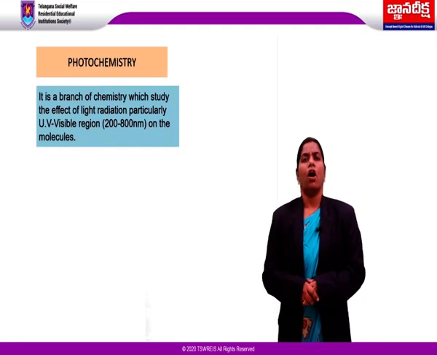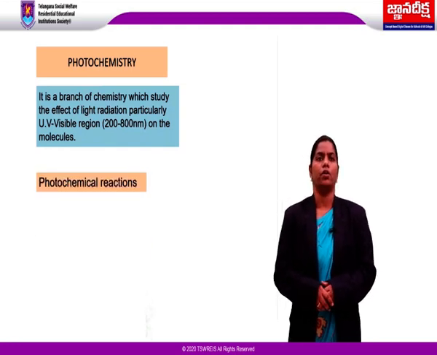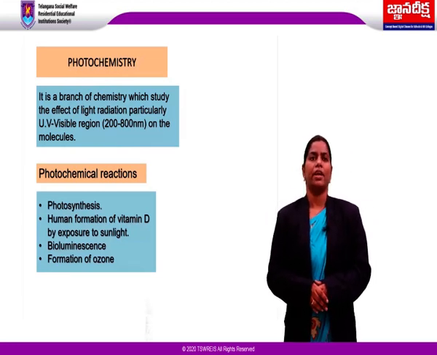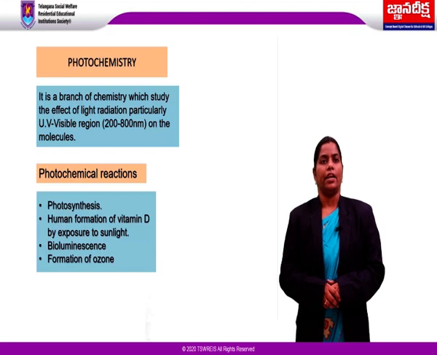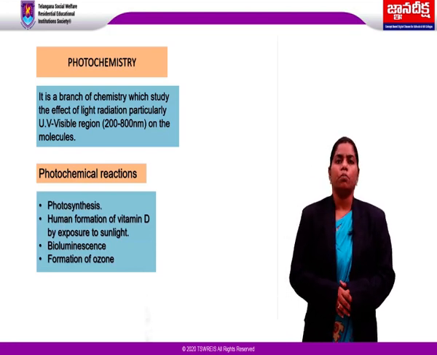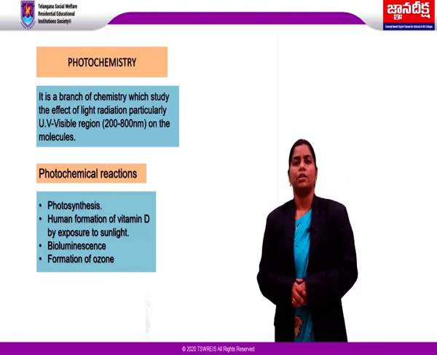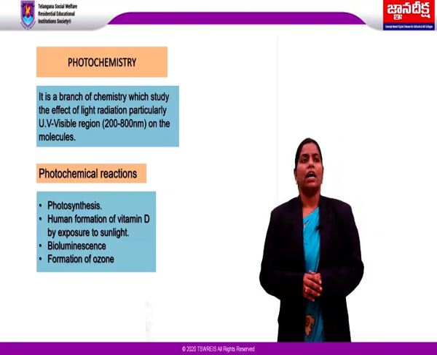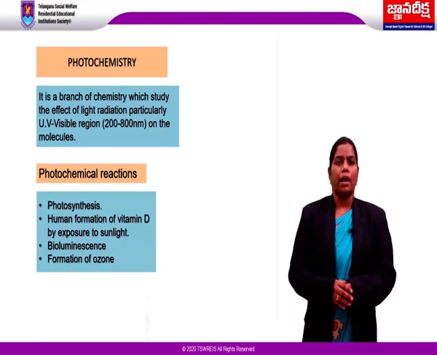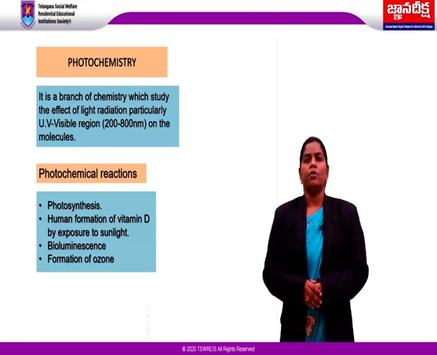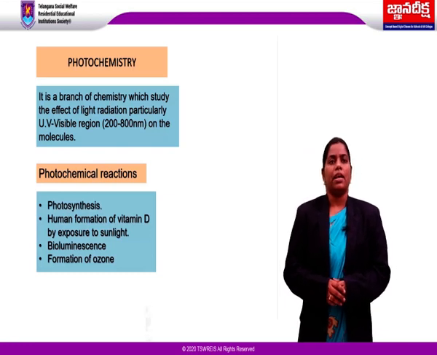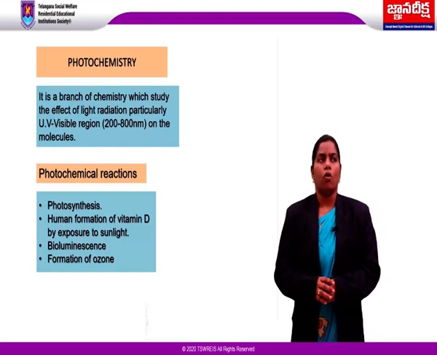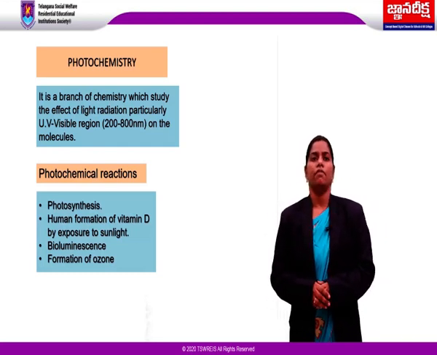Some examples of photochemical reactions include photosynthesis, where plants synthesize food material in the presence of sunlight, human formation of vitamin D by exposure to sunlight, and bioluminescence, where organisms produce light by using a chemical reaction taking place in the abdomen region, and formation of ozone. So these all reactions take place in the presence of light.